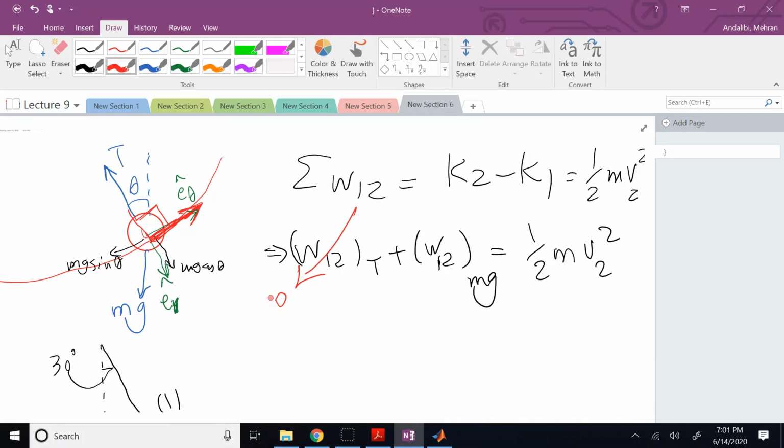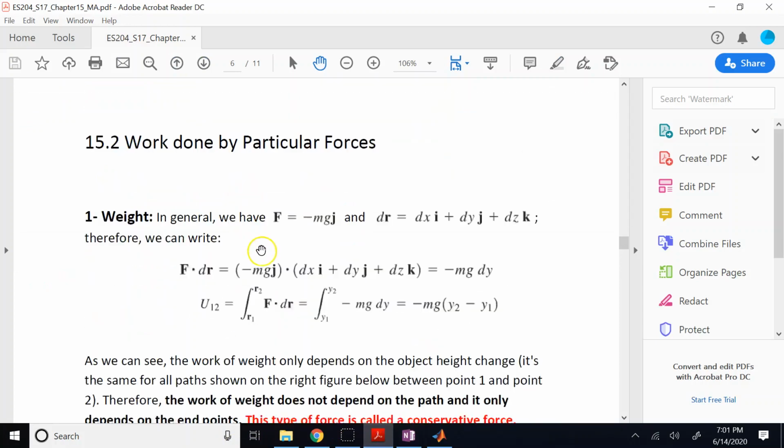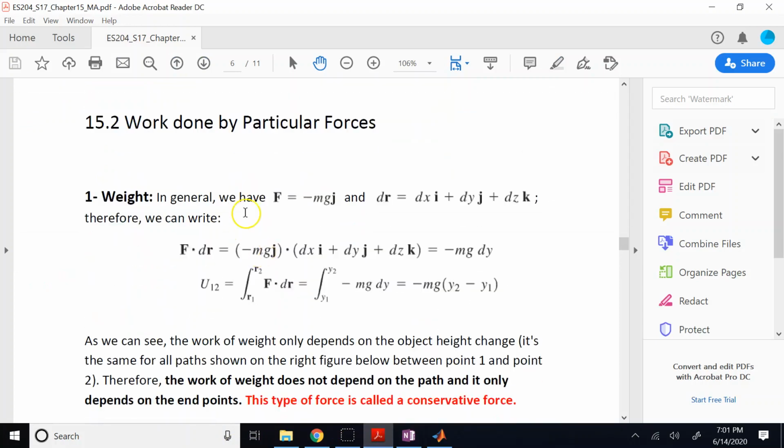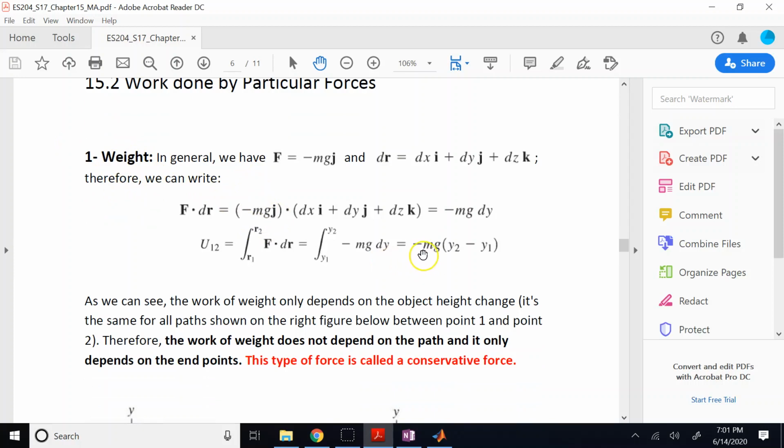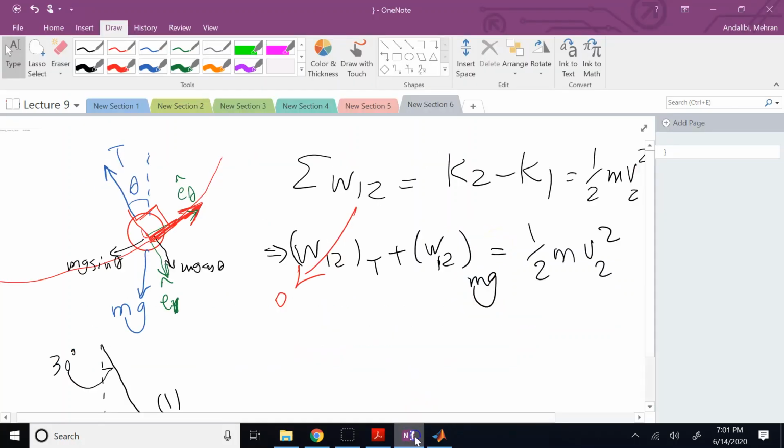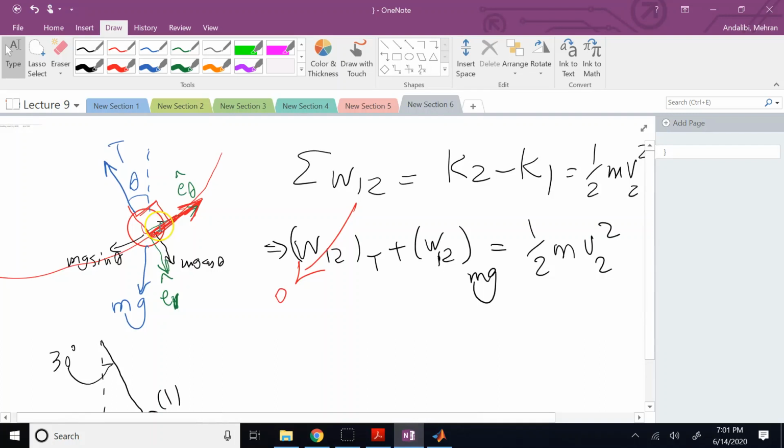What is the work done by gravity? Well, we're going to see in the next lecture, that's the first topic we're going to see, that the work done by gravity is negative mg delta y. Negative mg times y2 minus y1, if y is the vertical direction, traditional y.